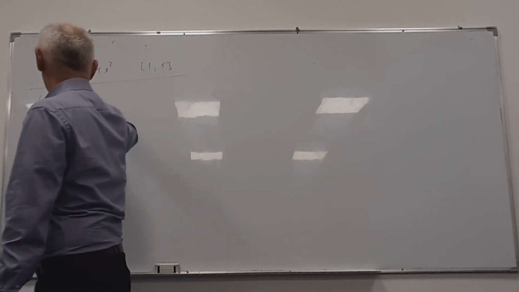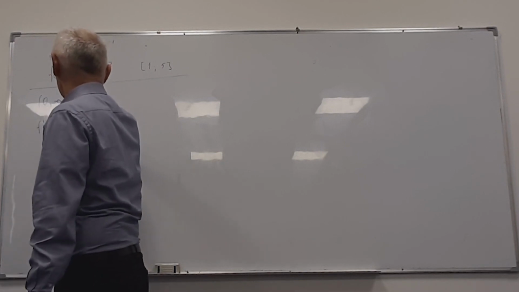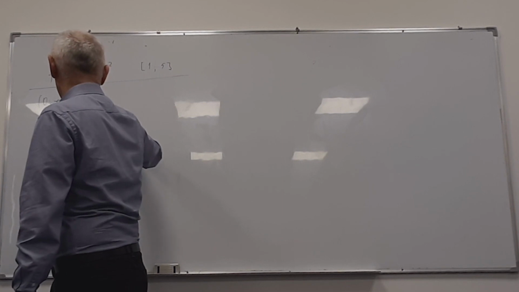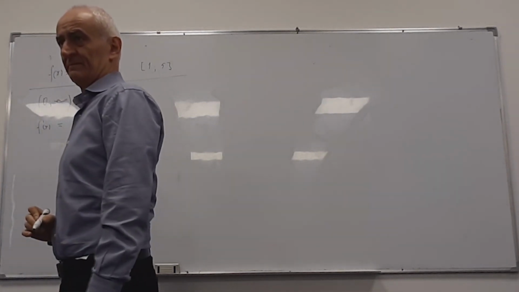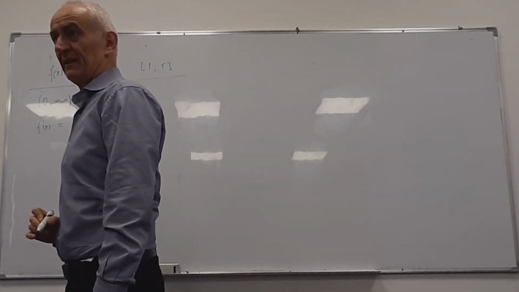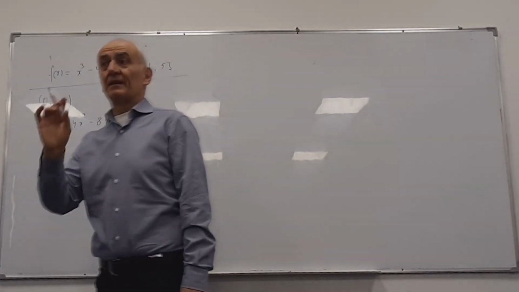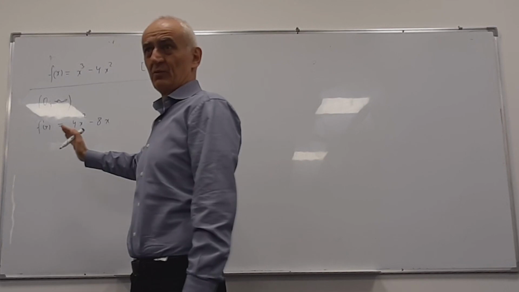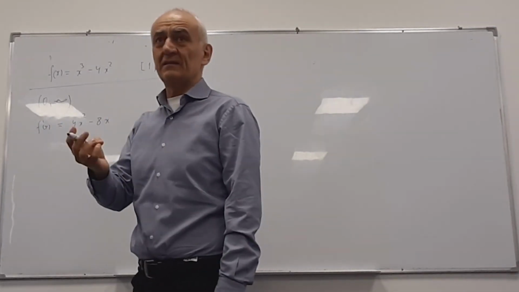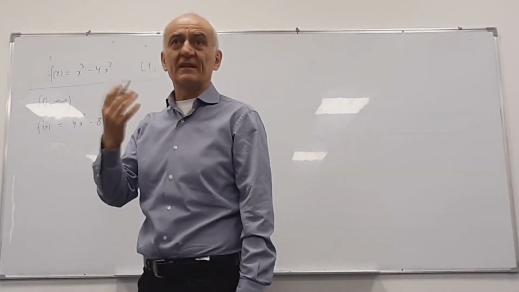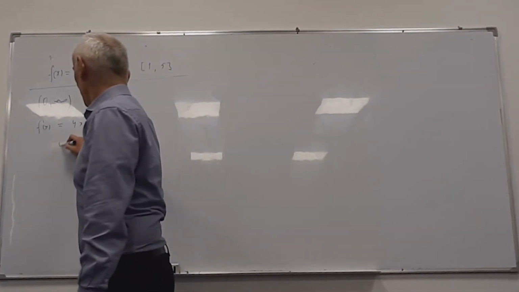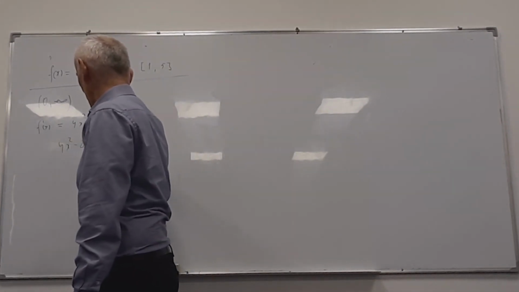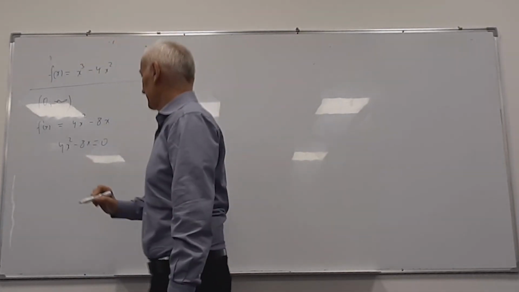What is the first derivative in our case? It's 4 times x squared minus 8x. Then equate this first derivative to 0 and find critical points.